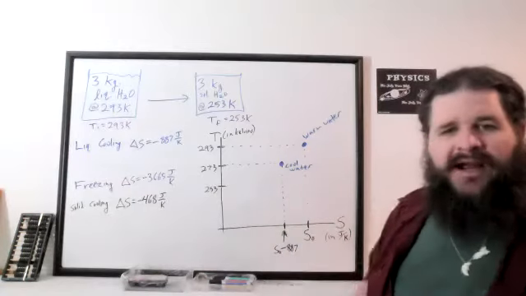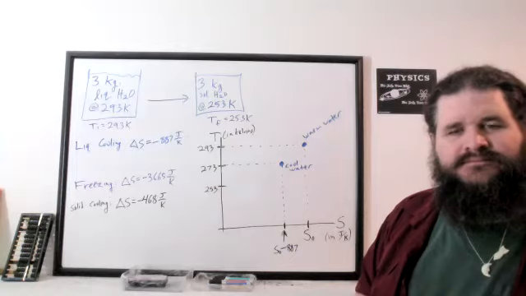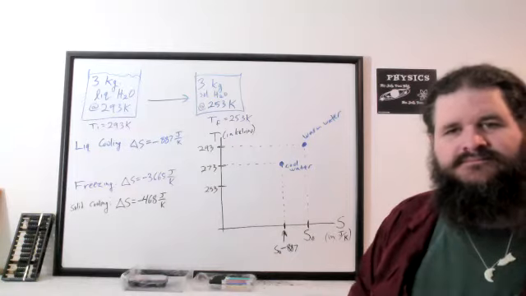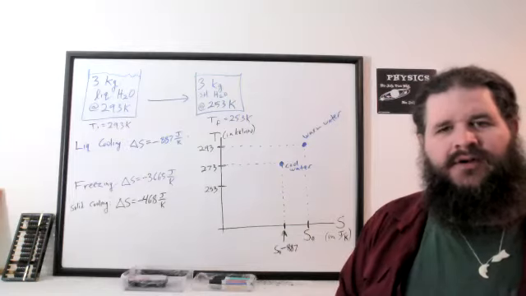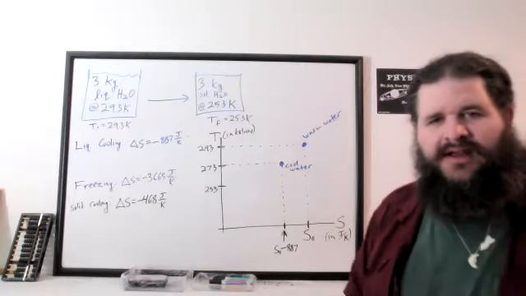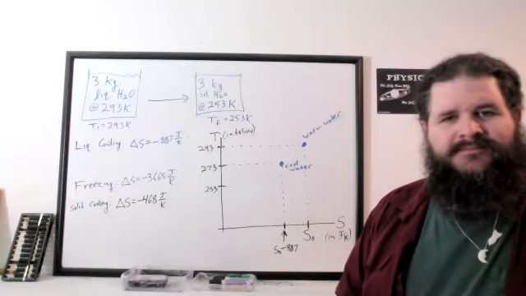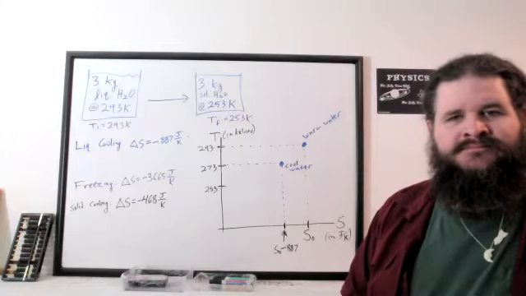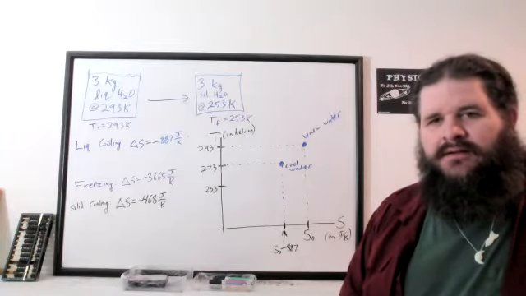And can we tell what path we're going to take here? Do we know if this is going to be a curve or a straight line or several straight lines joined together or anything like that? It might be linear.